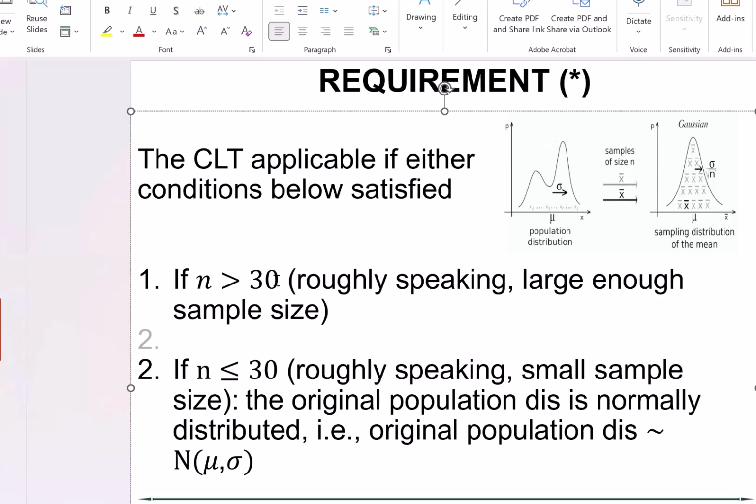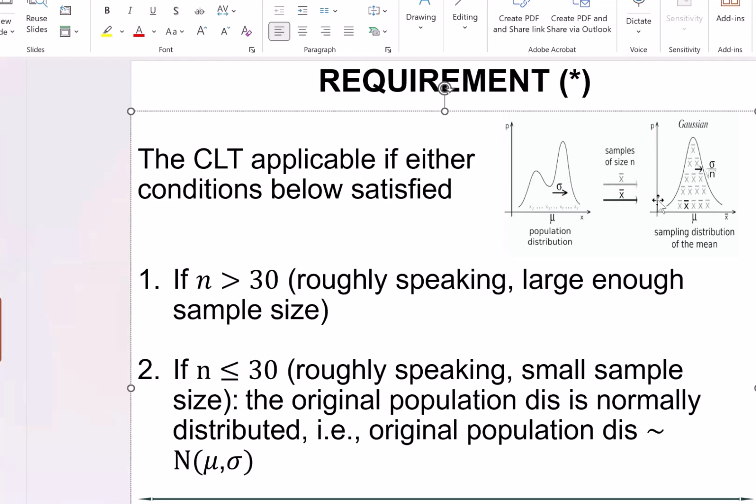But if you have a large enough sample size, here roughly bigger than 30, then it doesn't matter how the original distribution is distributed. It can be normal, exponential, uniform, whatever.